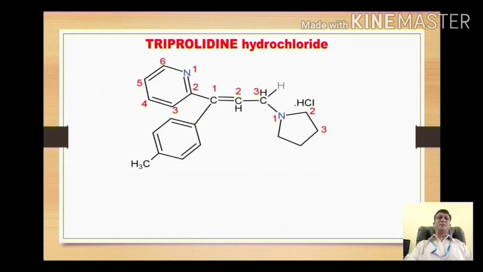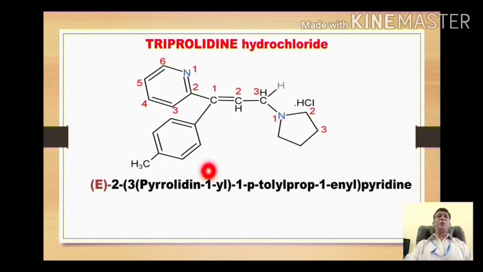This drug, if you look at the name and the structure, the T stands for once again the toluene. The PIR stands for this pyridine ring, which is attached with its position number 2. This olidine stands for this pyrrolidine ring.